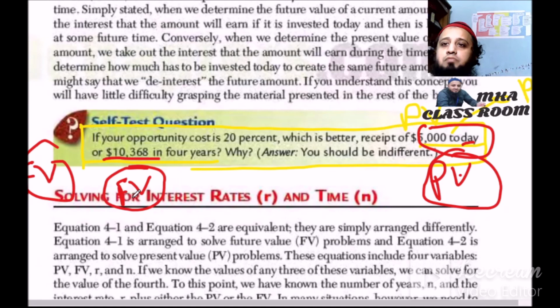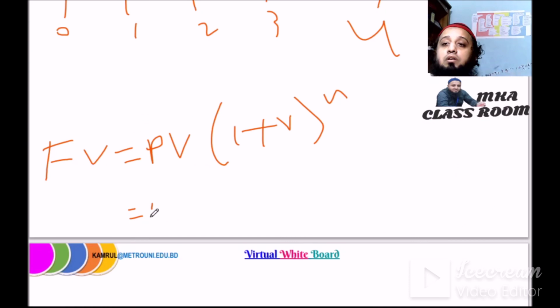So, what will be our future value? Future value equals present value times (1 plus r) to the power n. If we put in our values, we get 5,000 into (1 plus 0.2) power 4.